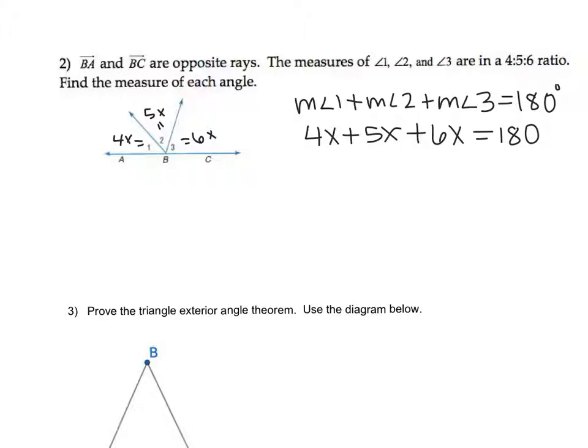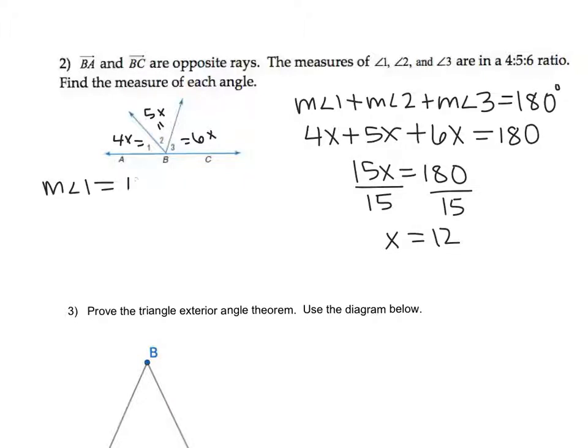So 4x plus 5x plus 6x is going to give us 15x equals 180. Divide by 15, and we get that x equals 12. So x is 12, but that's not the measures of our angles. The measure of angle 1 is 4 times x, so 4 times 12, which is 48 degrees.